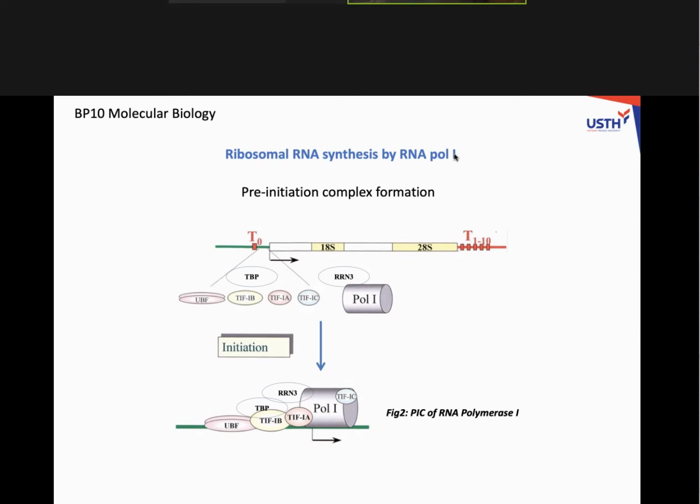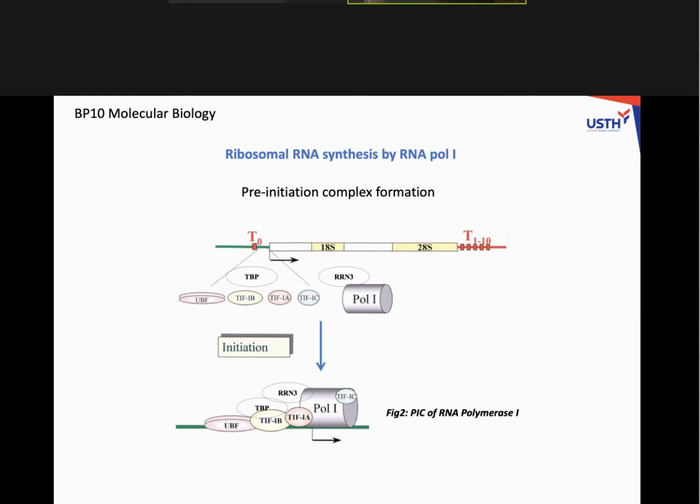I tell you that because there are some misunderstandings. Most, if not all, the genes that are transcribed by RNA polymerase 2 contain the TATA box. But you will see later on that it's not always the case. RNA pol 1, the polymerase that is transcribing the ribosomal RNA, also contains a TATA box.